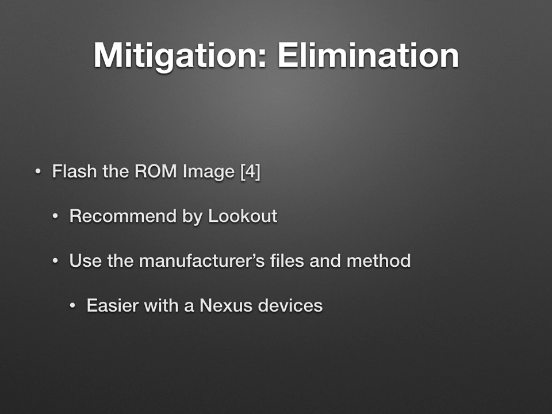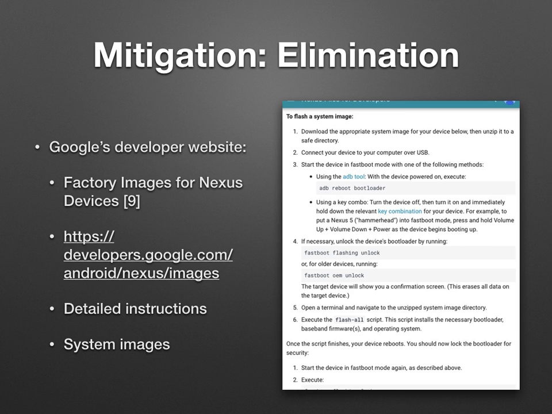Now, flashing the ROM, this is recommended by Lookout, who discovered HummingBad. One of the great things about it is that with Google's Nexus, you have the files right there. You're going to make sure you get it from the manufacturer, which with Nexus is very easy. In fact, this is the website you would go to.